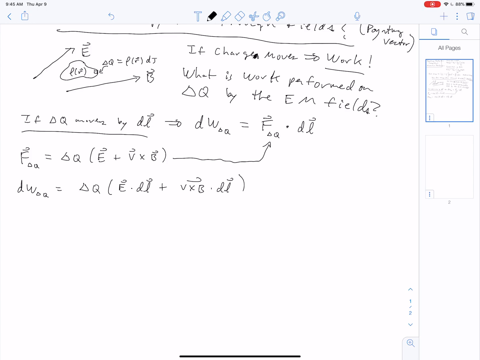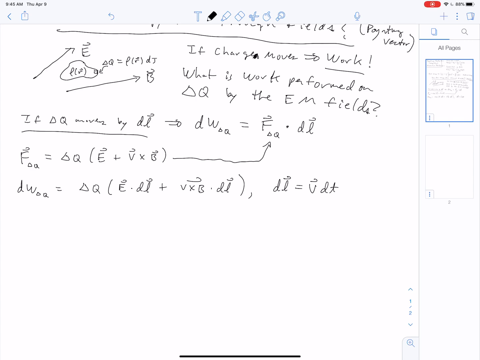Right? But now let's remember that the distance I travel, dl, is equal to my velocity times a little bit of time, however long it takes me to travel that distance. So I travel a little distance dl in a time dt, going at some speed v.